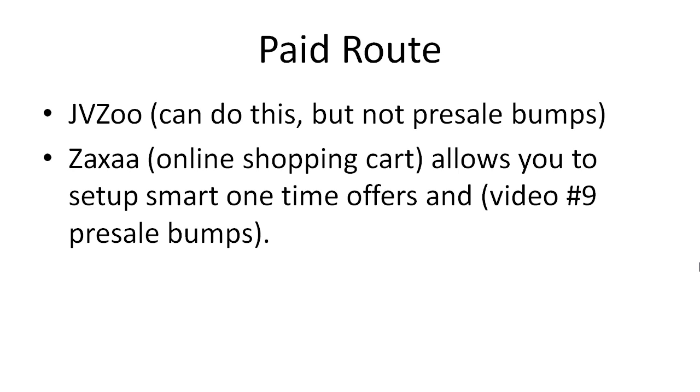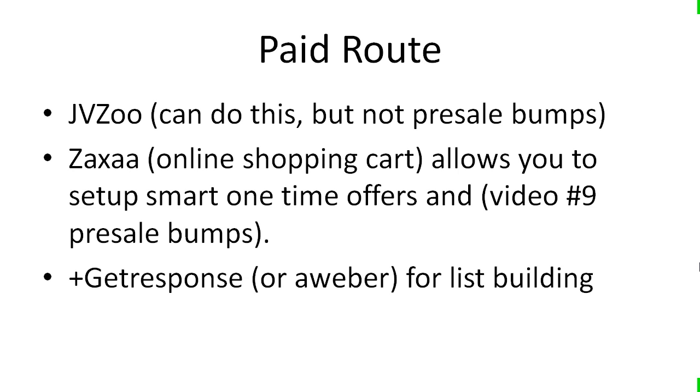But in my opinion, through testing this over and over again, I found that when it comes to Zaxa, they've built it so that you can have different options. You can set up linear one-time offers if you want to do so, but they've also set it up so that you can set up smart one-time offers as well. And it's really, really easy to do, and I'll show you in just a minute.